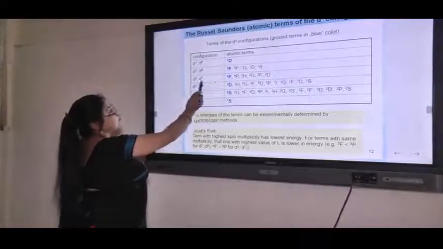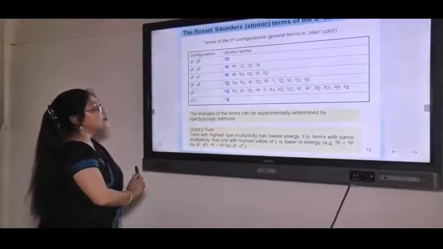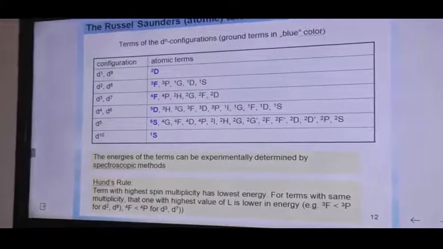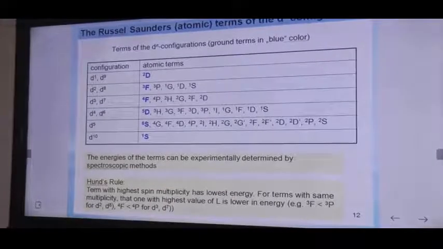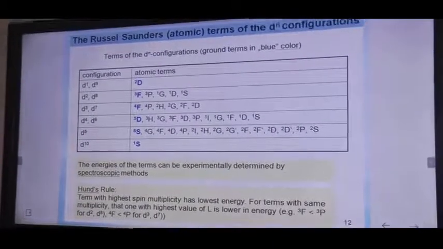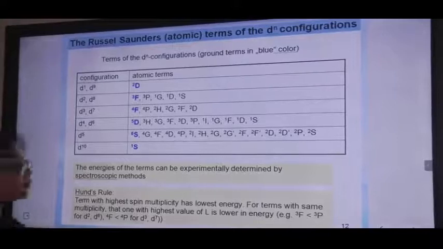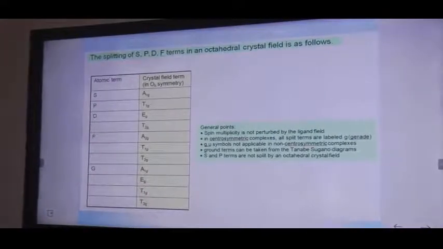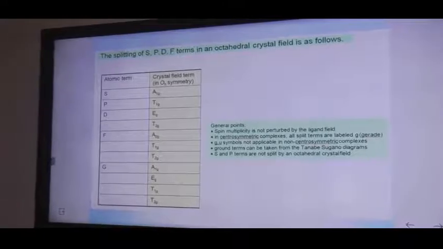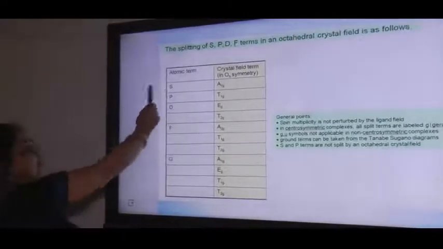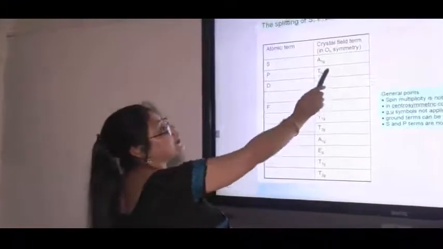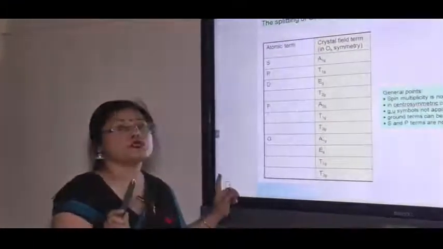Similarly, for d3 we have 4F as the ground state term, and for d4 and d6, 5D as the ground state term, and that ground state term in an octahedral field undergoes splitting. The splitting is an obvious phenomenon, and if the atomic term is S, then it has been found that it undergoes no splitting.